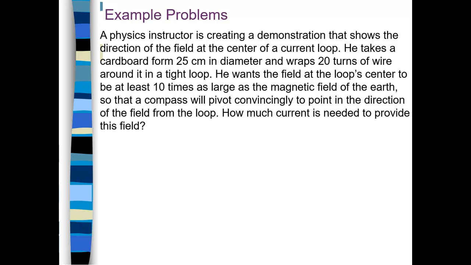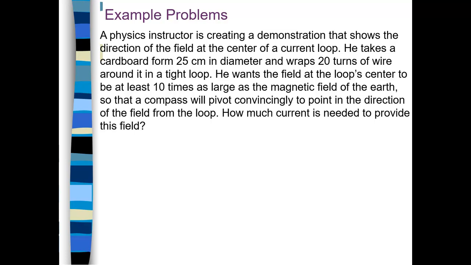So we've got a cardboard form that is 25 centimeters in diameter, and it's got an N of 20 turns of wire. He wants a magnetic field at least 10 times as large as the magnetic field of the Earth, so the compass will point in the direction of the field in the loop and not with the Earth. We want to find I, the current needed to provide this.